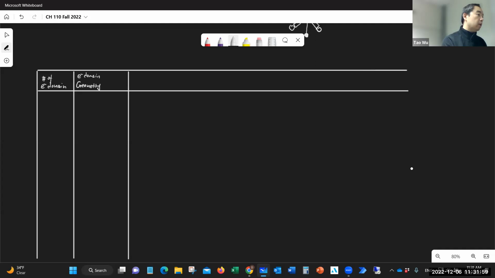Then the next one is the number of bonding domains.